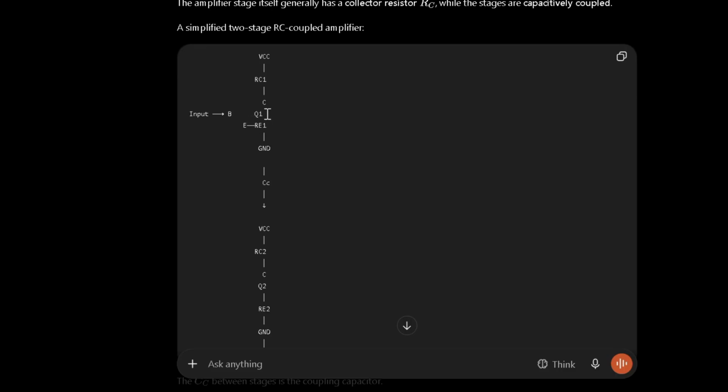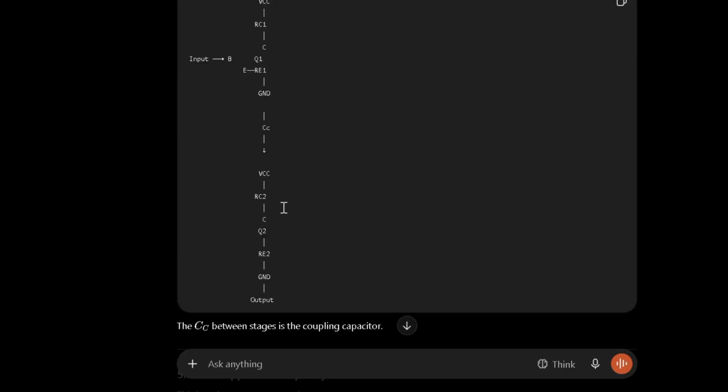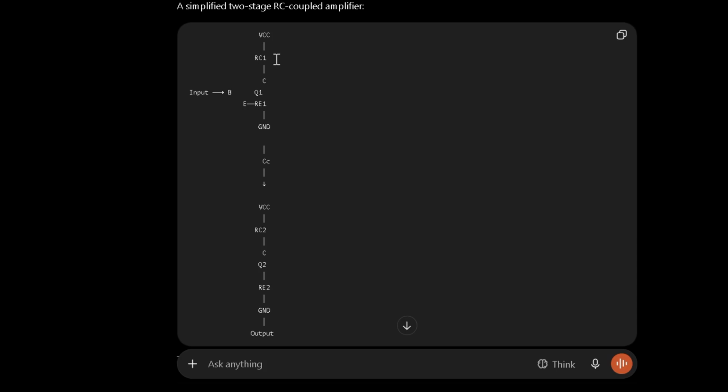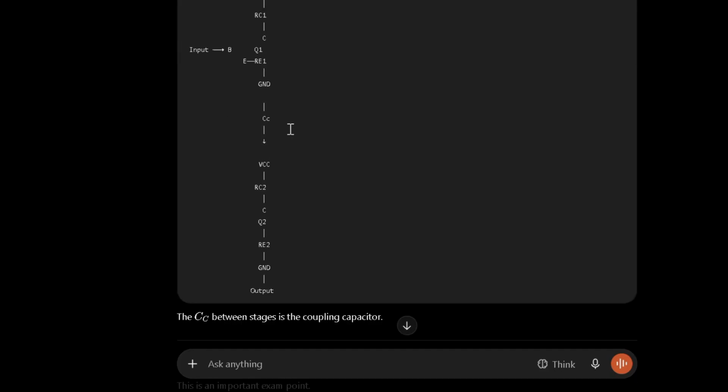Collector to emitter. The base is getting the input. The emitter is connected to the output here. It is RC. This is a common collector. This is also a common collector.